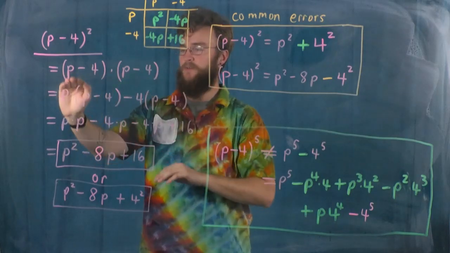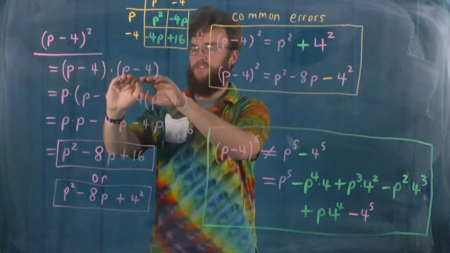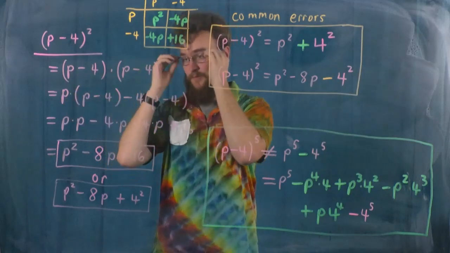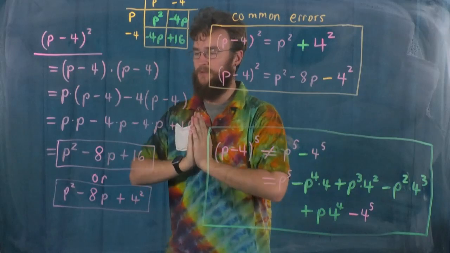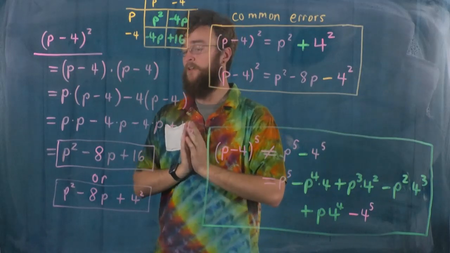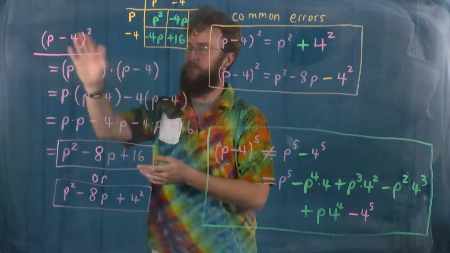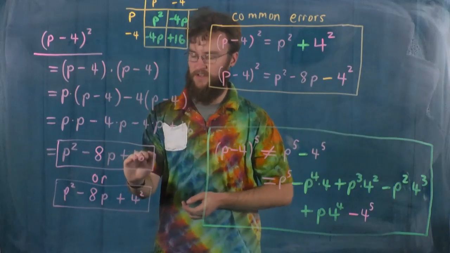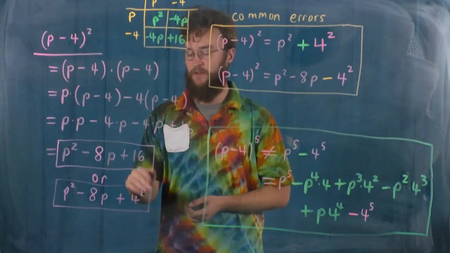So this p is becoming that p, this negative 4 is becoming this negative 4, and then we're splitting this term here into two places, factoring out. And we factor out a second time, and factoring out just means using the distributive rule backwards. And then we get this long expression. You crunch it all together, and so you get that p minus 4 all squared is equal to p squared minus 8p plus 16. A lot of the homework problems will leave the 16 as 4 squared instead of expanding it out.